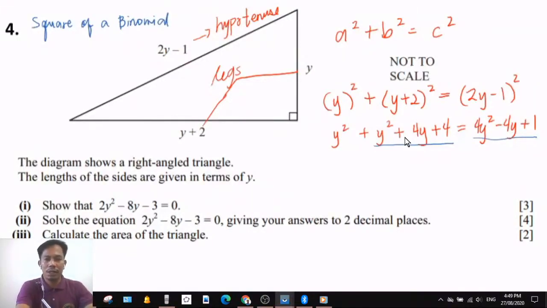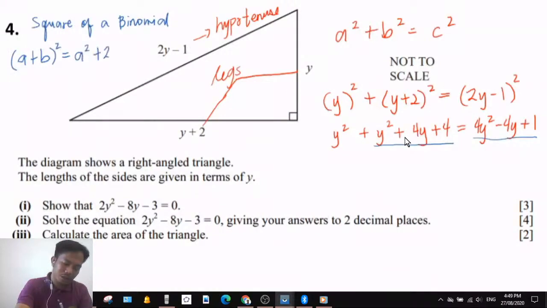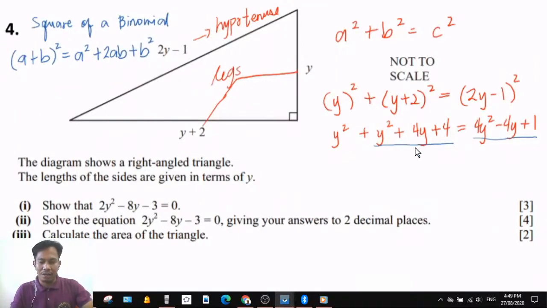Square of a binomial says a plus b squared is equivalent to a squared plus 2ab plus b squared. Means whatever is the first term is your a. So our first term here in this binomial, y plus 2 squared, the first term is y, so that will become the a. The second term is 2, so that will become the b.